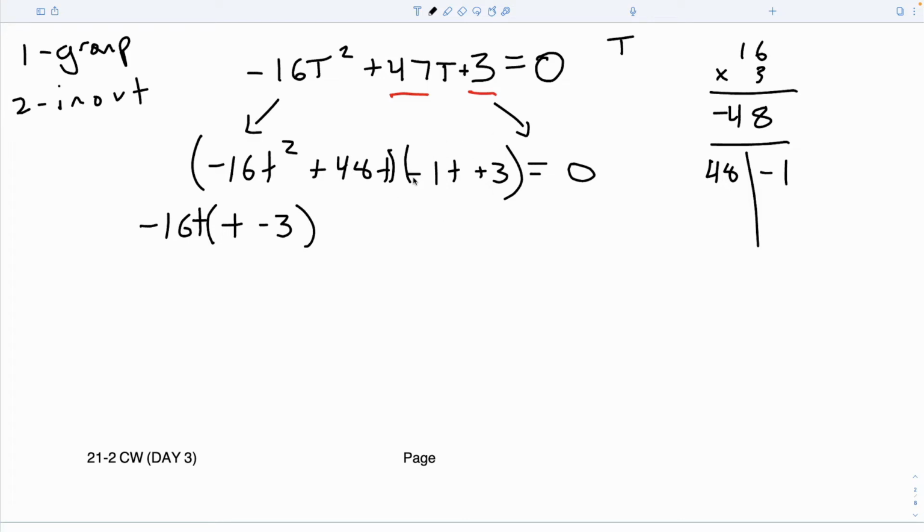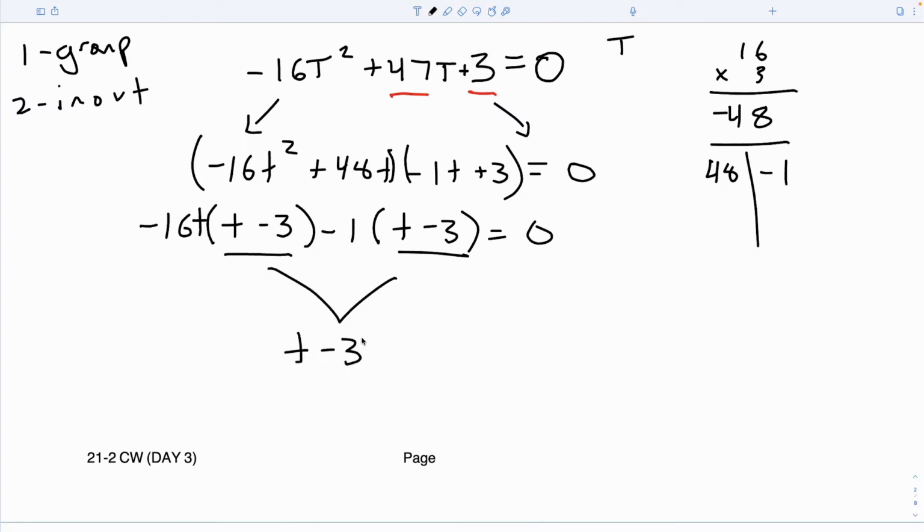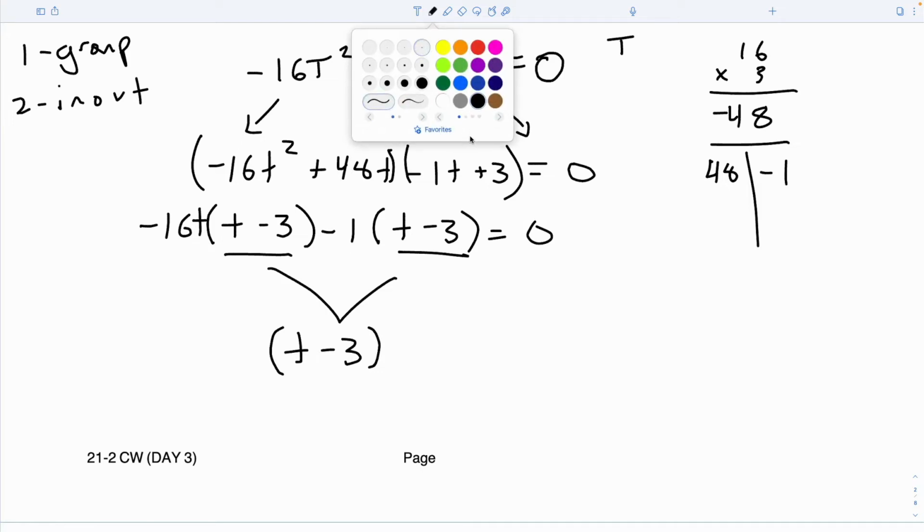Factor something out of the right side so it matches this time. Yeah, I want to factor the negative 1 so I get a t minus 3 and not a t plus 3. Those match, so you can pull those binomials as one of your parts of the answer. Where does the other binomial come from?